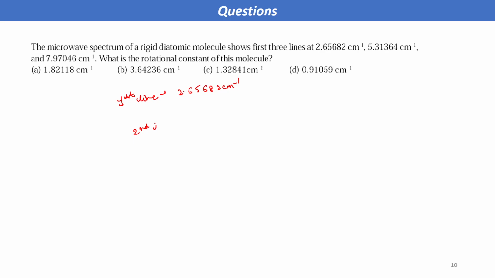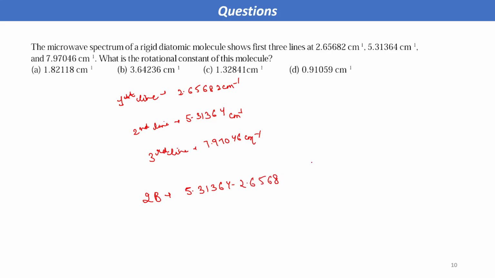For the second line, it is 5.31364 centimeter inverse, and for the third line it is 7.97046 centimeter inverse. So we know that the separation between two consecutive lines is equal to 2B. So if we just subtract the second and first line, we will get 2B.